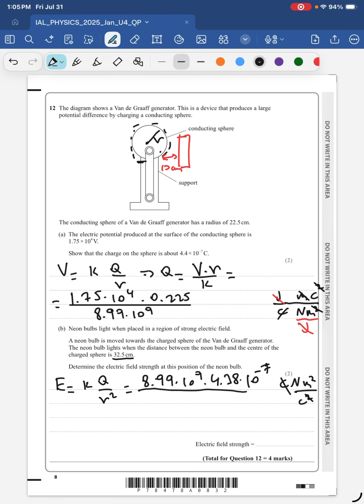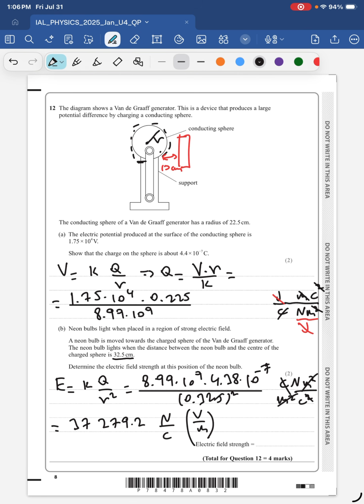And then we have to divide by the distance squared, so 0.325 squared, and that's meters squared. Okay, so the answer is 37,279.2 newtons per coulomb, and newtons per coulomb are equivalent to volts per meter.